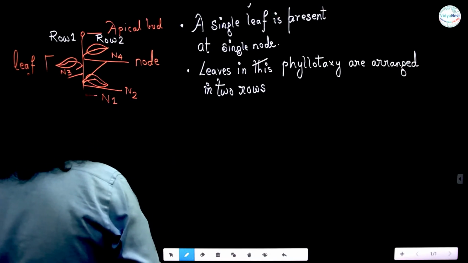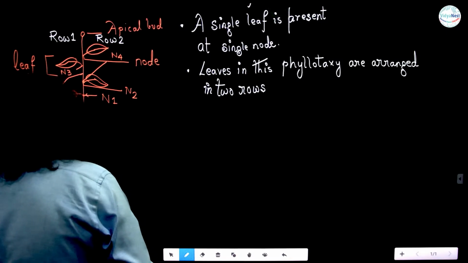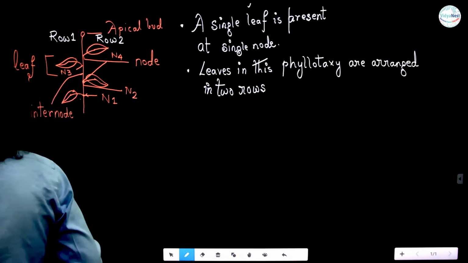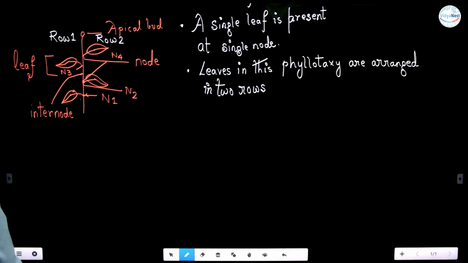That means there will be formation of 2 rows of leaves on the stem, when at each node there is presence of one leaf, right?